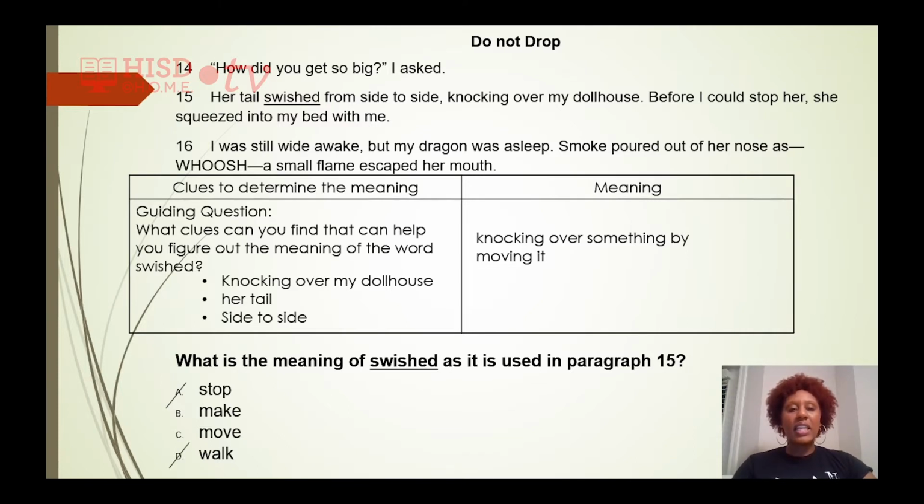And then D, walk. It doesn't really make sense that her tail walked. So then I have B, to make, or C, to move. I determined that the best answer choice is C, to move. So her tail moved from side to side and then knocked over the dollhouse. So if you chose C, good job.